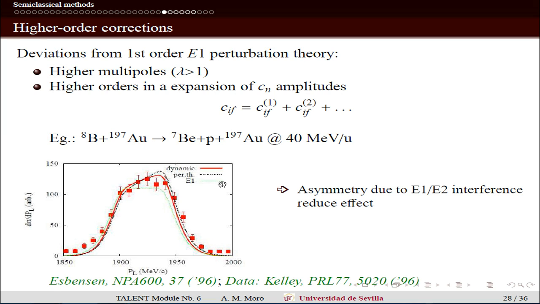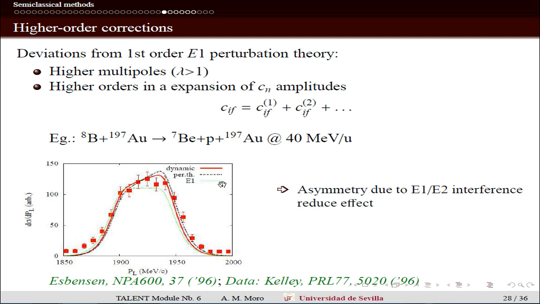You see here an example of this boron-8 Coulomb dissociation on a gold target, producing this beryllium-7 and a proton. We haven't given explicitly the expressions, but yesterday you saw observables of this kind.